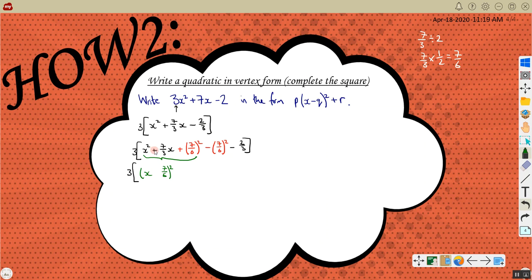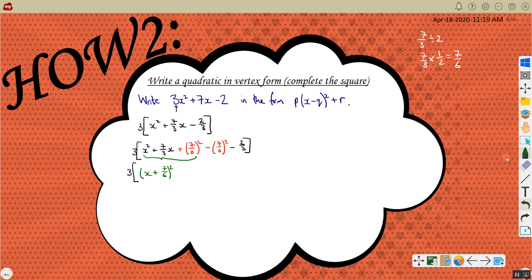Now, you look at this sign. If this is a plus, then it is plus here. If this is negative, then this is negative. Doesn't matter about anything else.